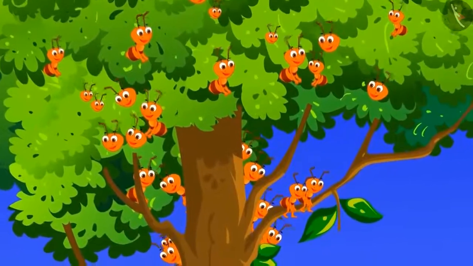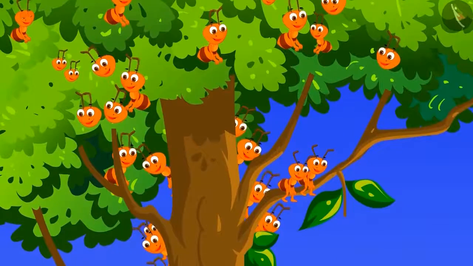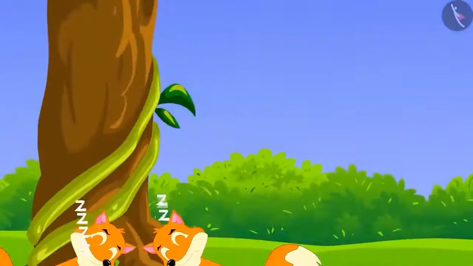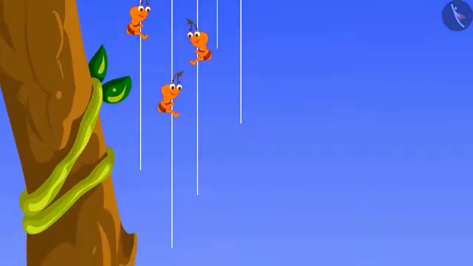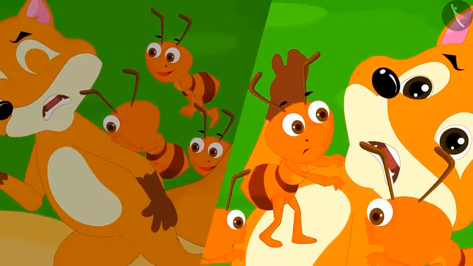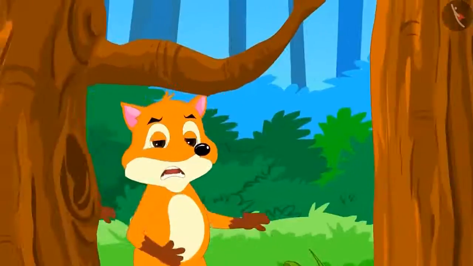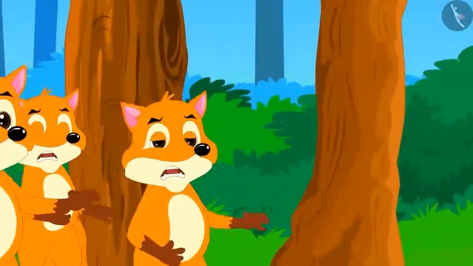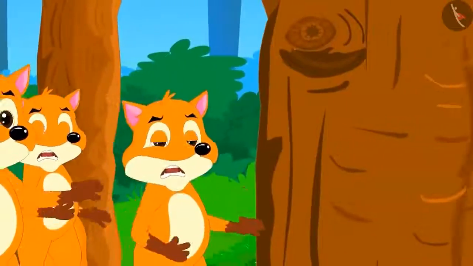This time, the 384 ants were hiding on top of the tree. As soon as the wolves fell asleep, they attacked them fiercely and severely wounded the wolves by biting them. The wolves fled from there with their tail between their legs and never returned back.